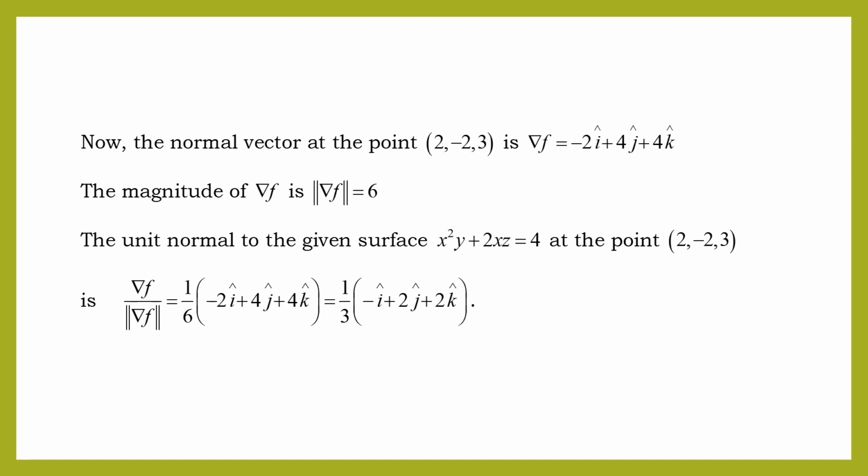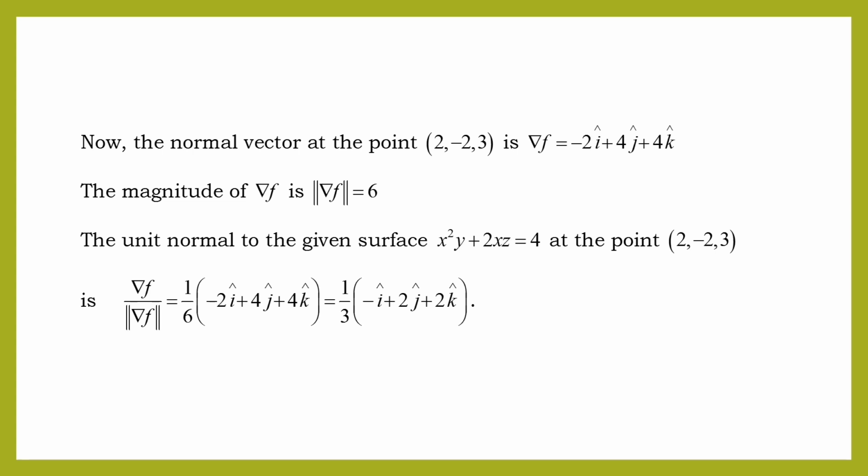The unit normal to the given surface x square y plus 2xz equals 4 at the given point 2, minus 2, 3 is given by the formula del f upon norm del f at the given point.